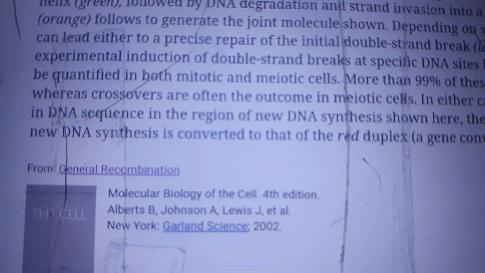The experimental induction of double-strand breaks at specific DNA sites has allowed the outcome of general recombination to be quantified in both mitotic and meiotic cells. More than 99% of these events fail to produce a crossover in mitotic cells, whereas crossover is often the outcome in meiotic cells.